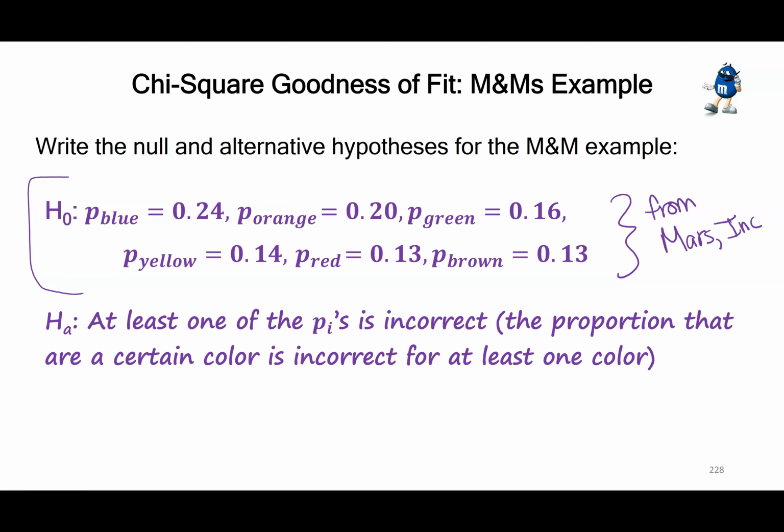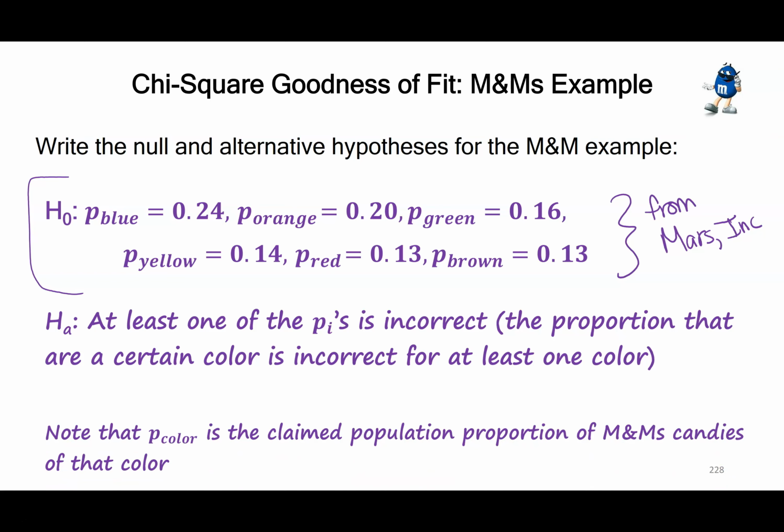So at least one of the P's is incorrect. The proportion of M&Ms that are a certain color, at least one of those isn't accurate. Notation-wise, that P with a color name, like P blue, is the claimed population proportion, the proportion of M&Ms that are that specific color.